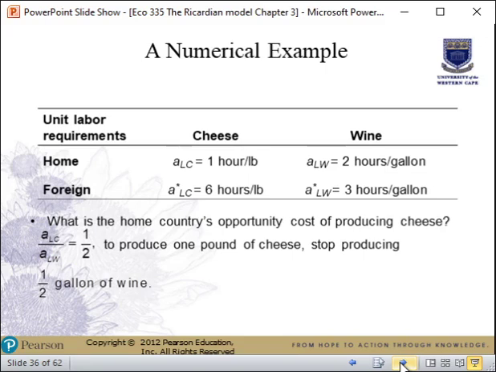The opportunity cost of producing cheese in the home nation is half a gallon of wine foregone, whilst that of the foreign country is 2 gallons of wine. On the other hand, the opportunity cost of producing wine in the home nation is 2 pounds of cheese, whilst that of the foreign nation is half a pound of cheese.